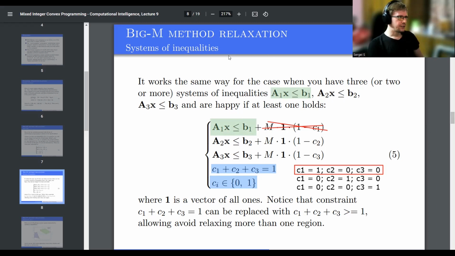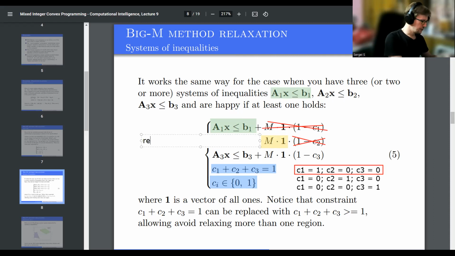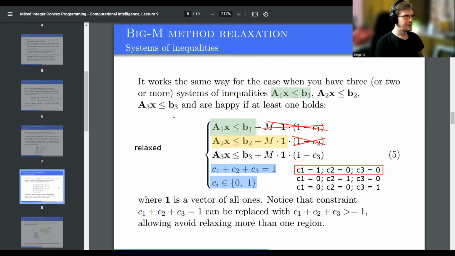Now, what happens here? C2 is equal to 0. So this whole thing is equal to 1. And we have a relaxed constraint here. It is relaxed. Why do we know it is relaxed? Well, because we chose M in such a way that it would be relaxed.